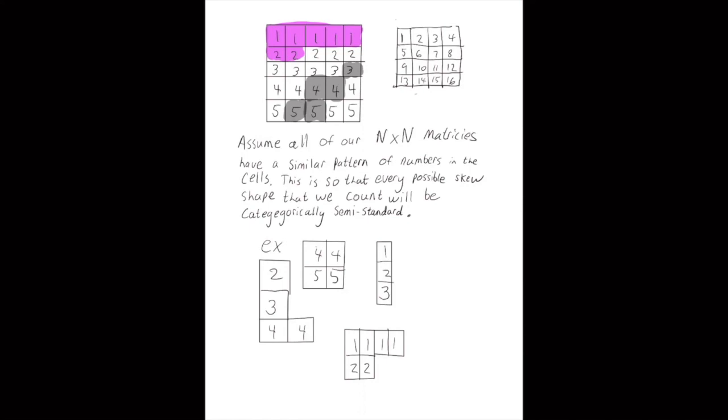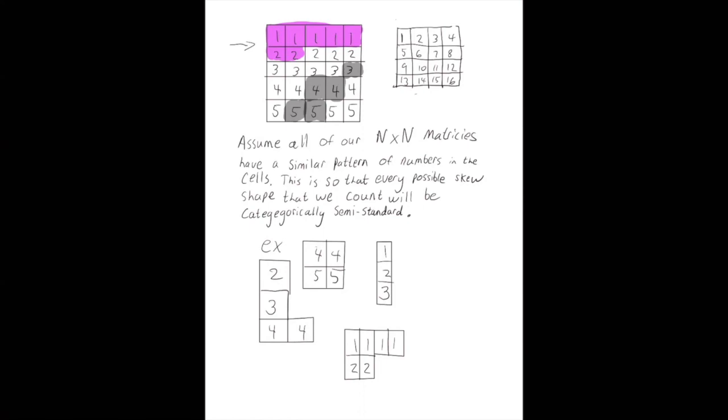To show some more examples, further edification, each skew shape we take needs to fulfill the semi-standard definition of left justified. Here we have a pink skew shape. This is left justified.